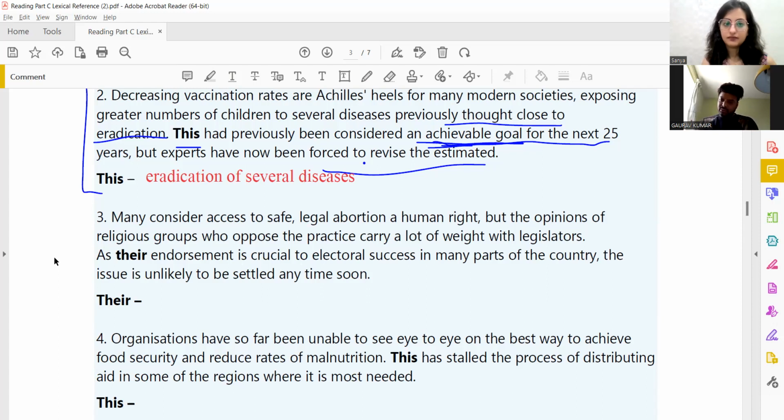Opinions of religious groups. Their endorsement is crucial. Legislators, so it is plural here. Now, think about the second sentence. Their endorsement is crucial. Okay, what is the meaning of endorsement? Think about that, and whatever plural forms are mentioned in the previous statement.